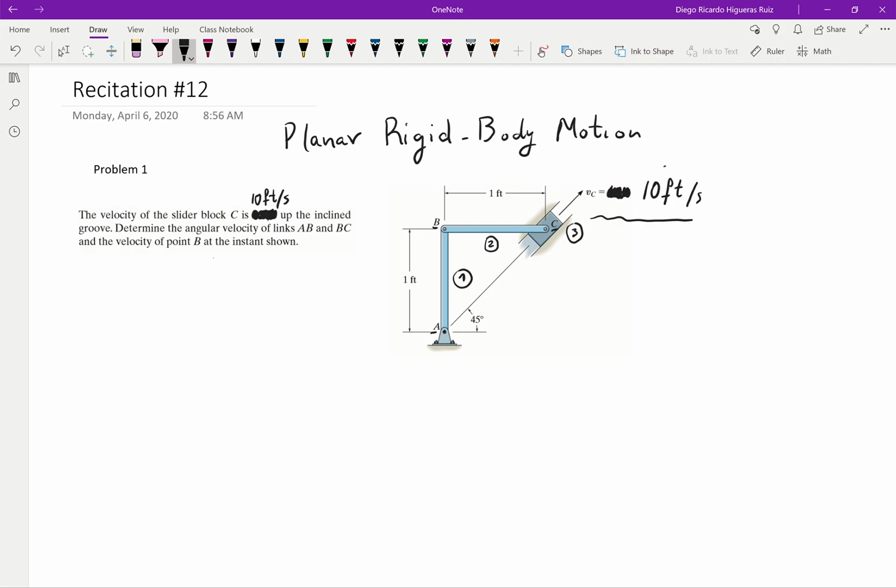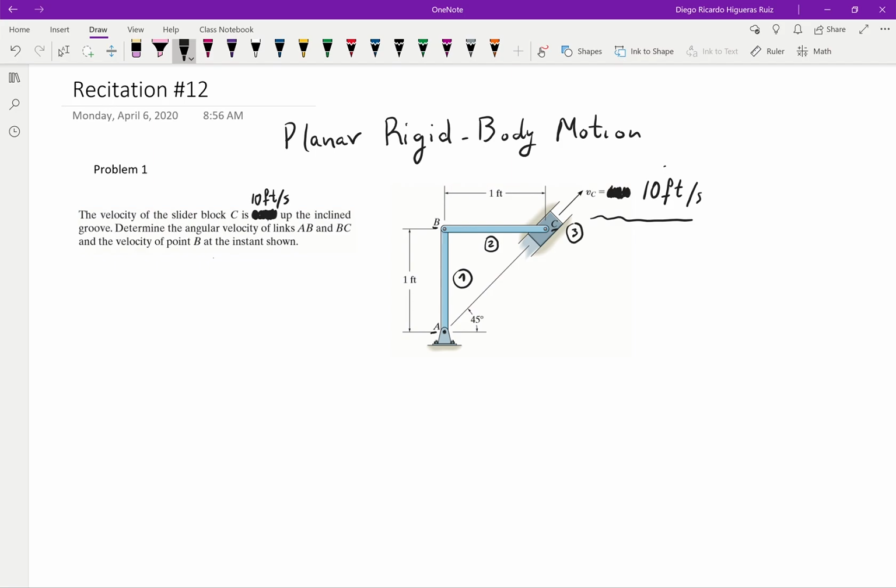Determine the angular velocity of link AB, element 1, and BC, element 2, and the velocity of point B at the instant shown.